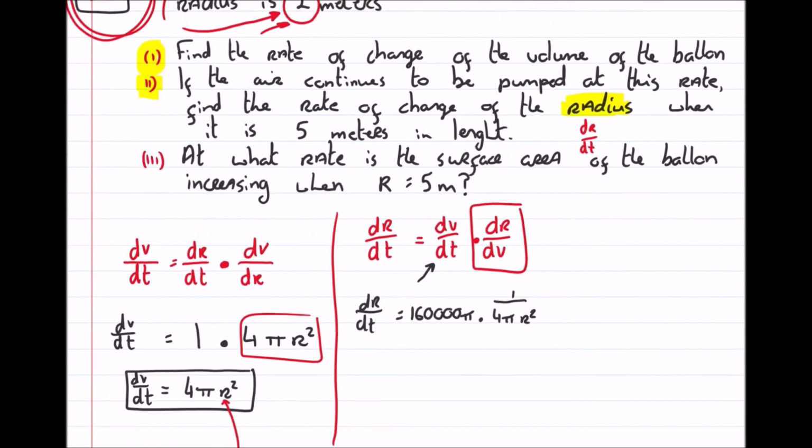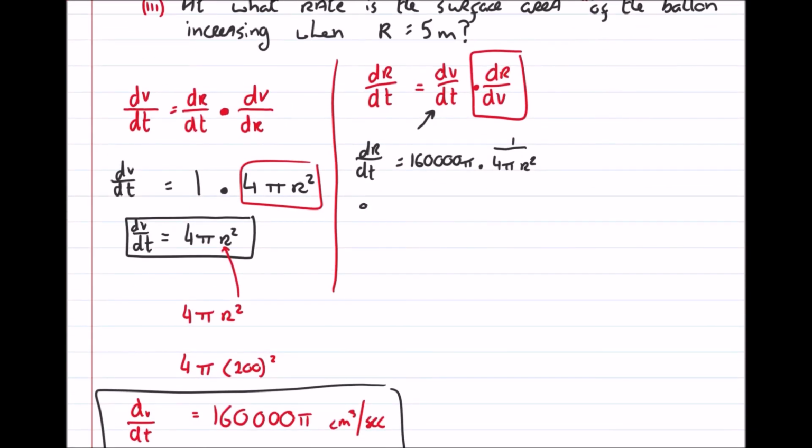And I was asked to find it at 5 meters in length. So I put 5 in for r. So dr/dt equals 160,000 pi multiplied by 1 over 4 pi 5 squared. And if you type that into the calculator, you'll get 0.16 centimeters per second.